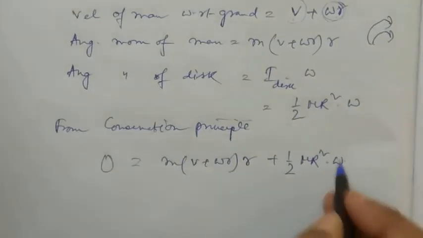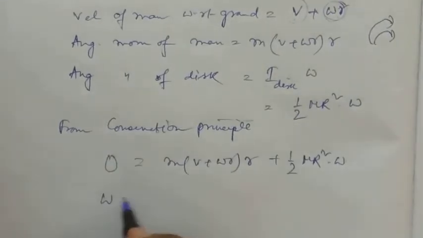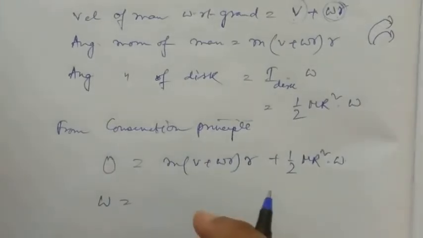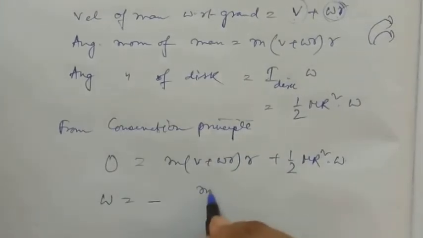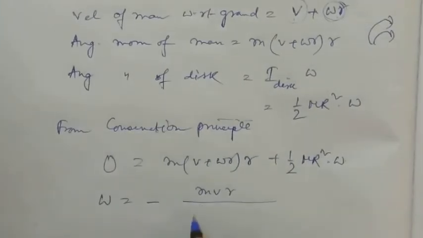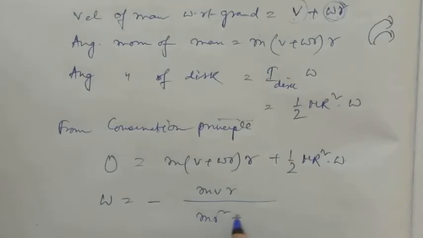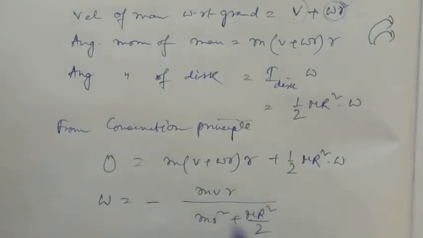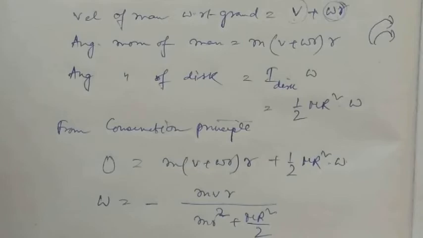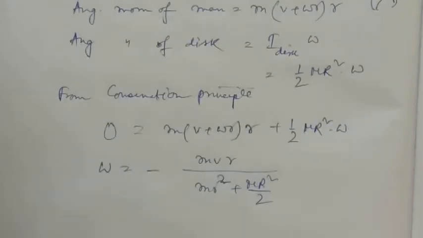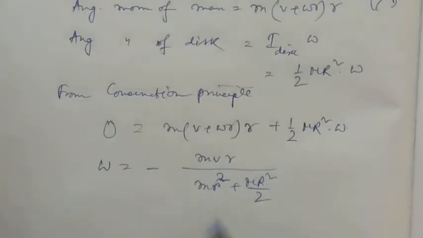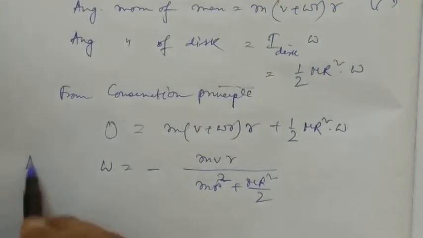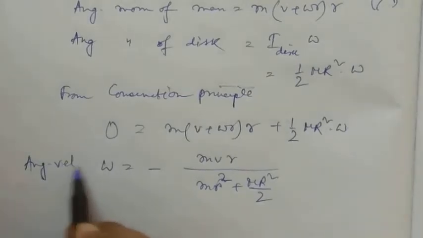Now just one more step: we have to find out the value of omega from this equation. We find out mvr by (mr square by 2), so this is the value of the angular velocity.